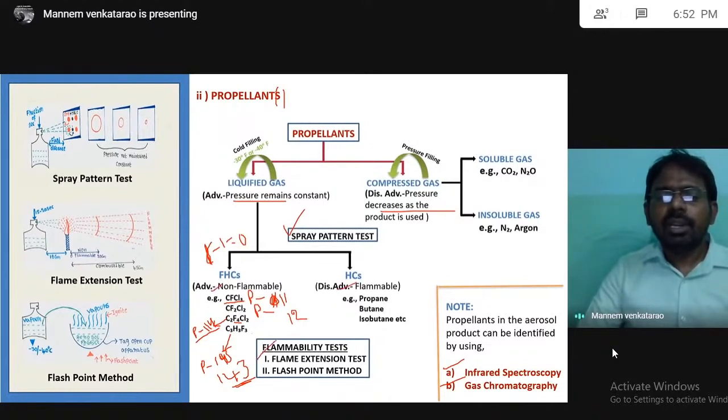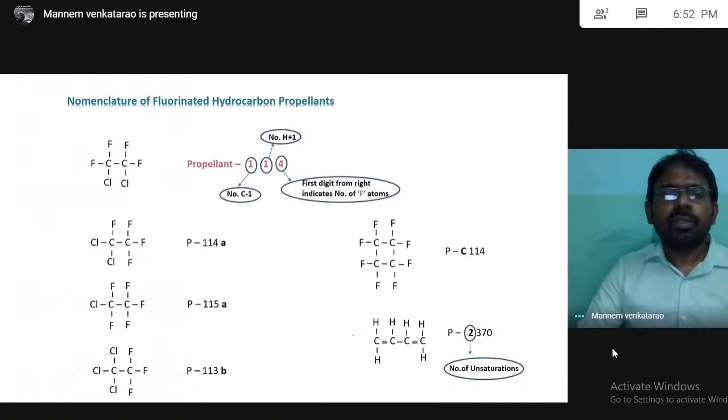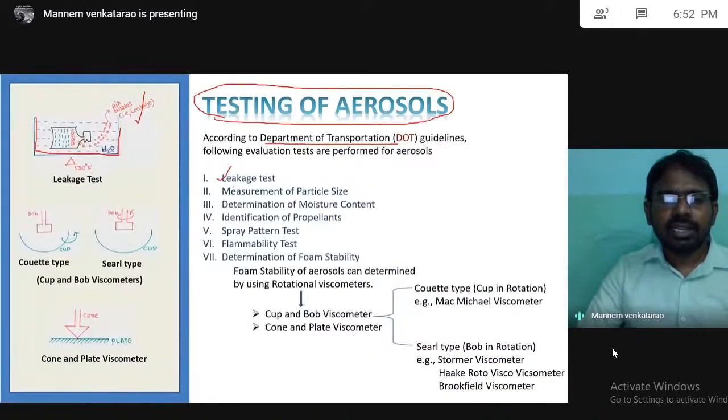That is the flammability test. That's why they are sequentially written here: leakage test, measurement of particle size, determination of moisture content, identification of propellant, spray pattern test, flammability. So this is the evaluation. Who told you to perform these tests and who gave the procedures? The Department of Transportation.